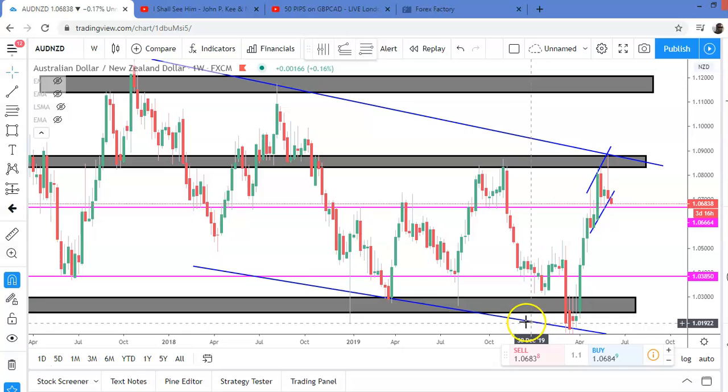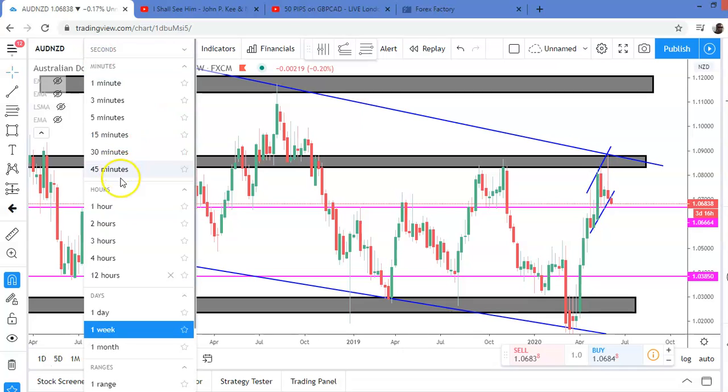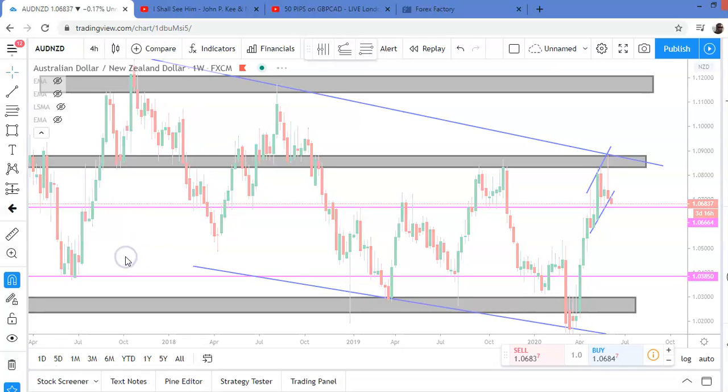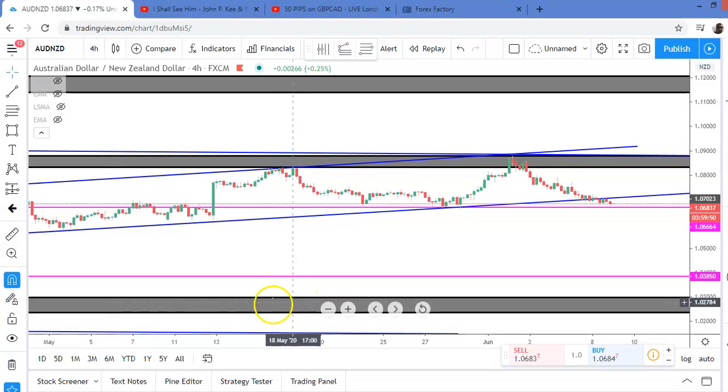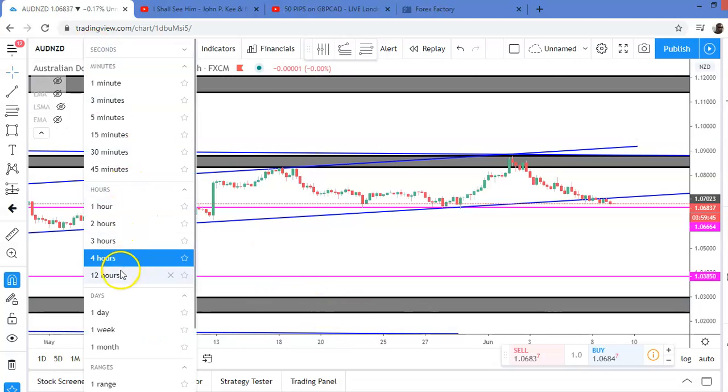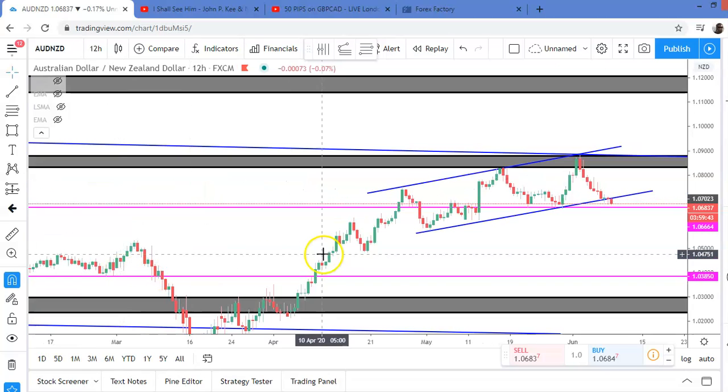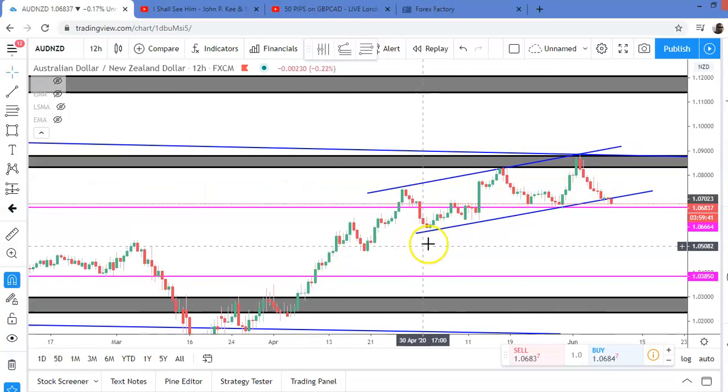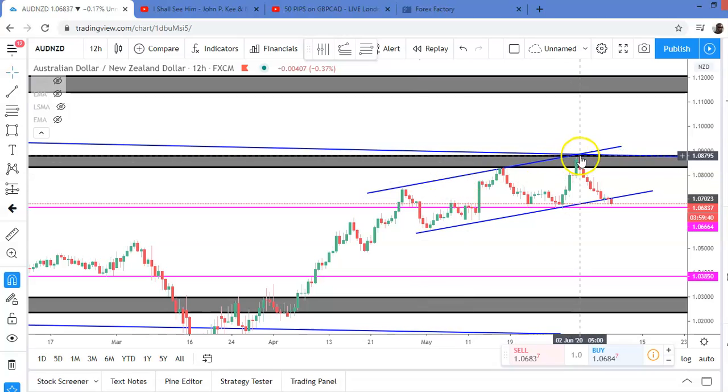We also established a channel on the weekly for this pair. And so drilling down to about the 4-hour, the 12-hour, I believe we established another channel, an ascending channel.